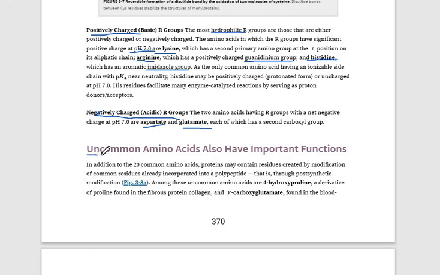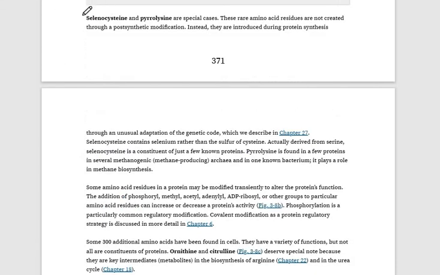There are also uncommon amino acids which have important functions. In addition to the 20 common amino acids, proteins may contain residues created by modification of common residues already incorporated.